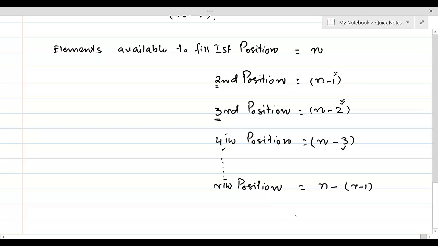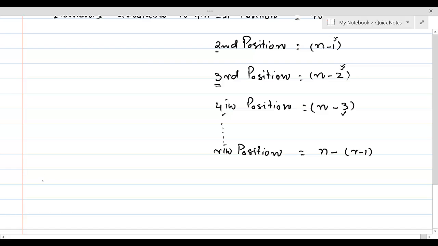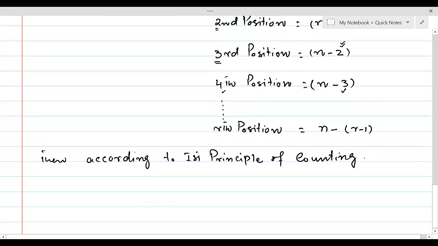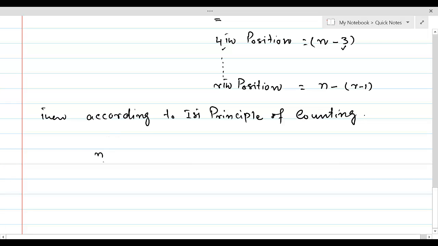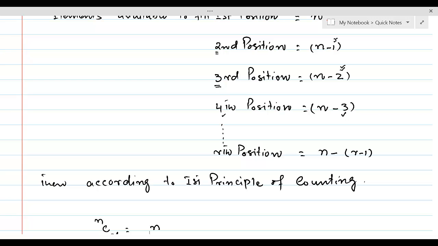If this is what is being subtracted, then according to the first principle of counting, the total permutation, nPr, number of permutations for n distinct objects taken r at a time, is equal to the product of all these elements which are available for first, second, third, fourth and rth position.